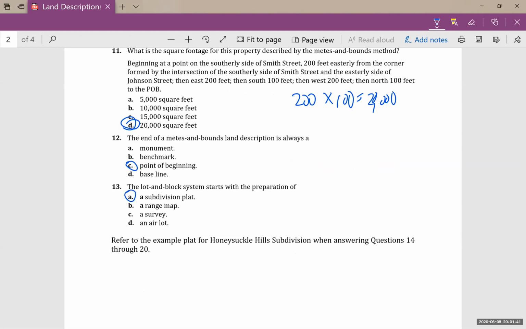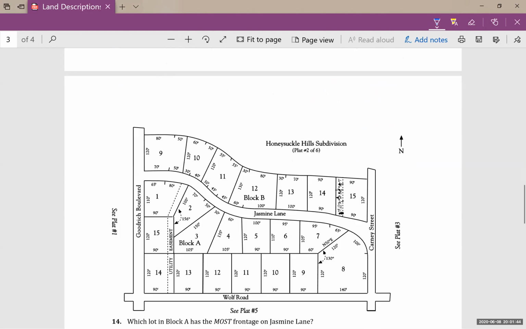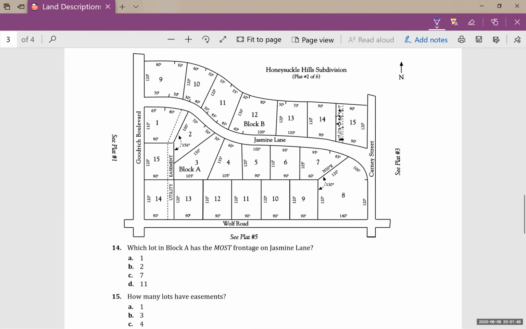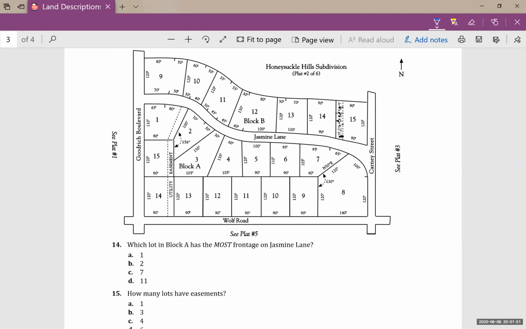Okay, the old Honeysuckle Hill subdivision. 14, which lot in Block A has the most frontage? Okay. You see right here, 95 plus 65, lot number 7. Does that make sense to everybody? Yeah, that's what we, yeah. On Jasmine Lane. That's what it is on Jasmine Lane.